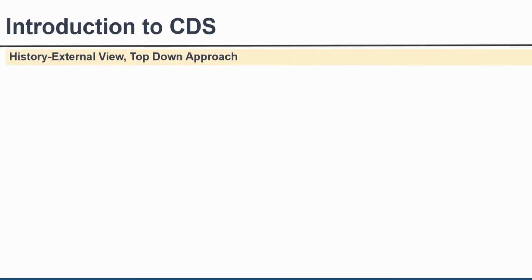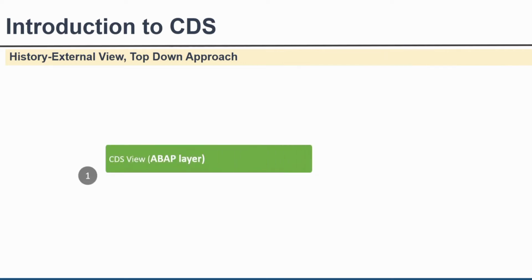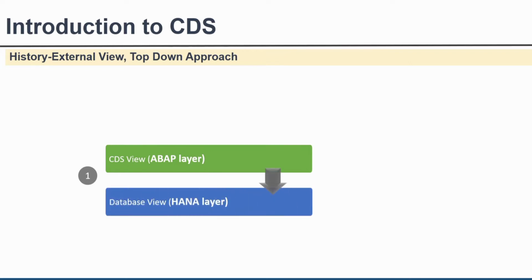In the top-down approach, we create the CDS in the ABAP layer first, and that in turn creates the database views by the system. So we really don't need to go into the database layer and do anything there. The system itself takes care of creating the views at the database layer.